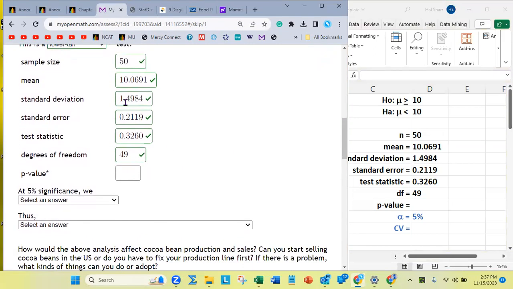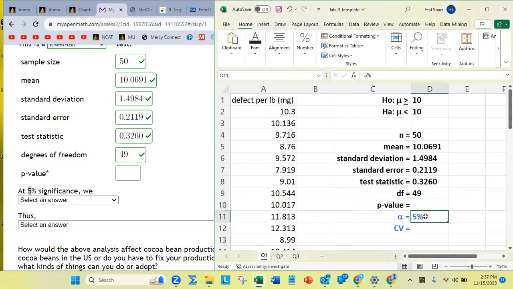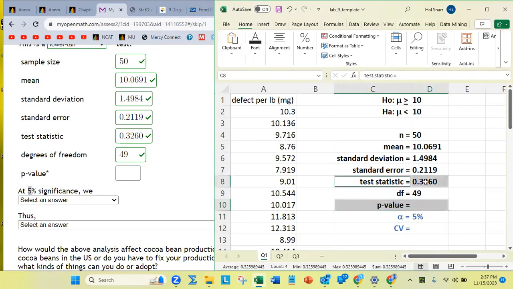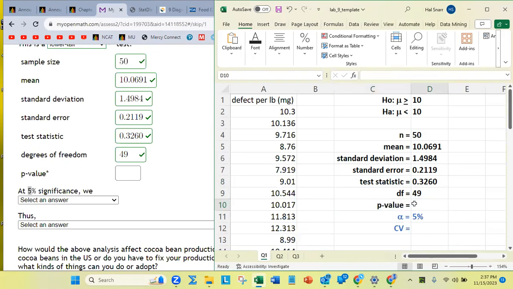Okay. My significance level is 5%, right? The significance level is to the critical value of the test as the p-value is to the test statistic. So the p-value is the probability of being outside the test statistic.